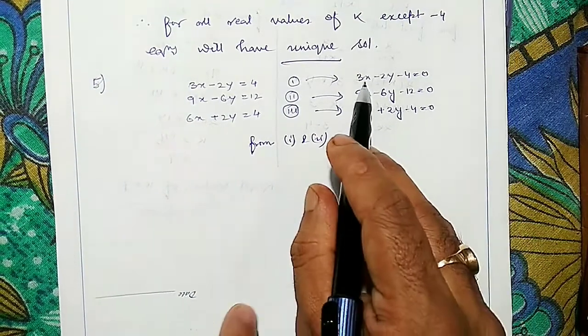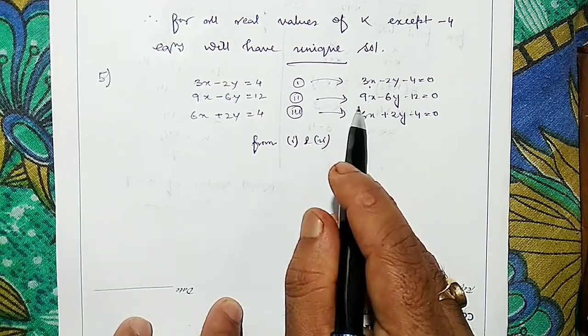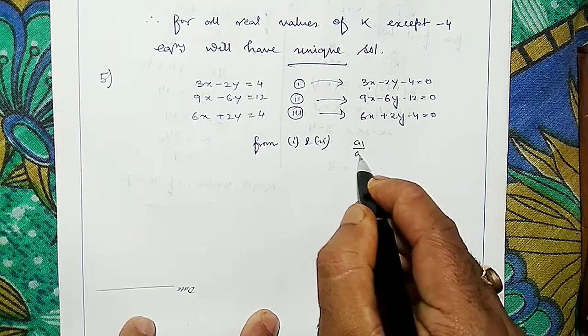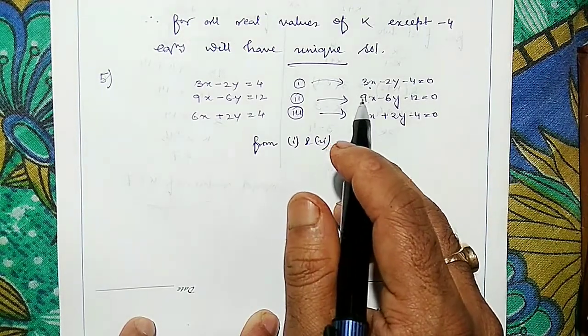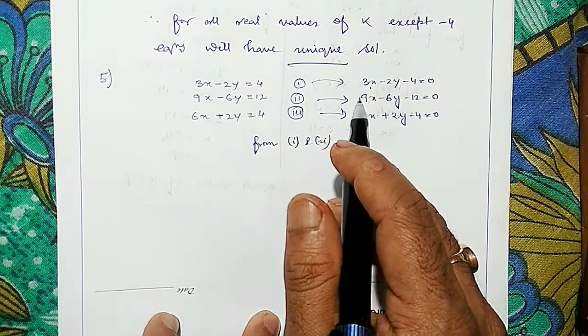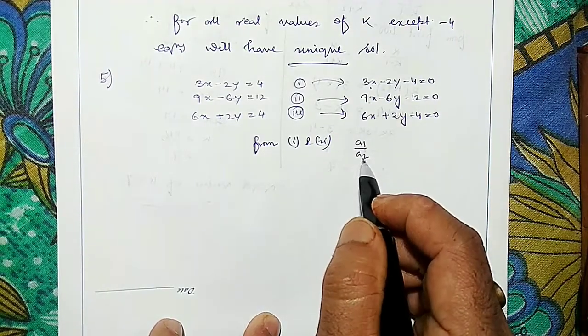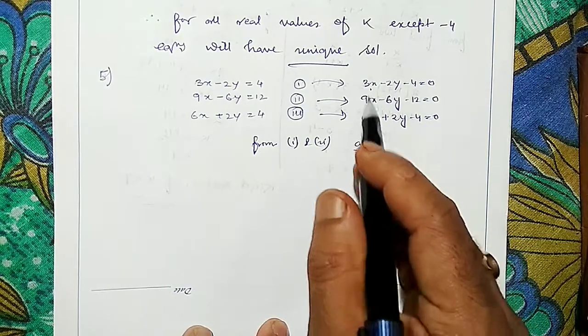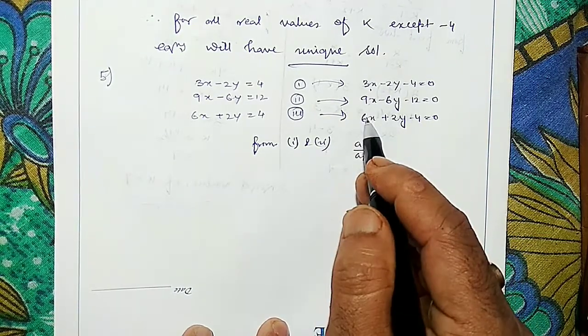Now if I see first equation and second equation, 3 by 9, that means a1 by a2. Just check mentally because this type of questions often come for 1 mark. So 3 by 9 will be 1 by 3.